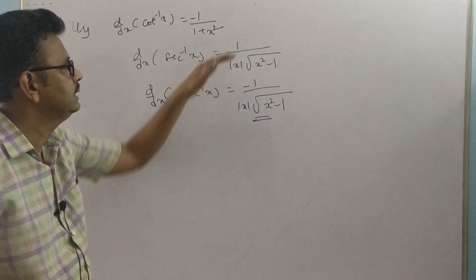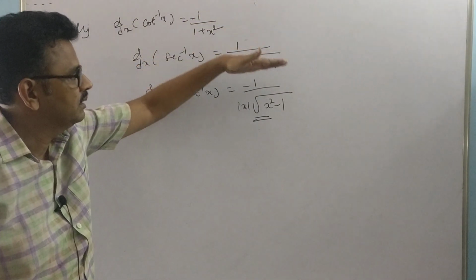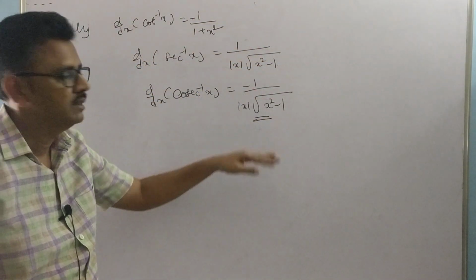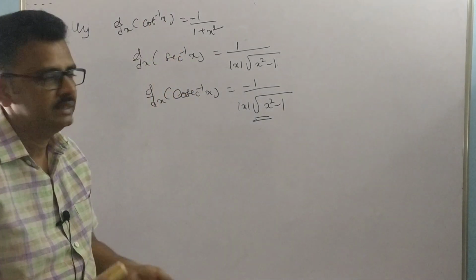So we have these inverse trigonometric functions: derivative of sin inverse x, cos inverse x, tan inverse x, cot inverse x, secant inverse x, cosecant inverse of x.